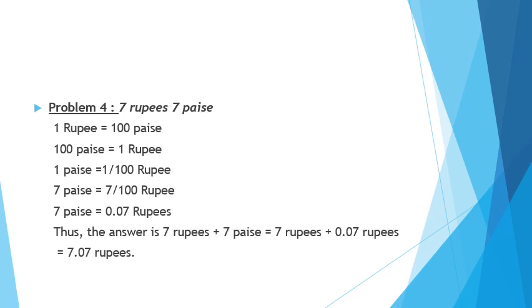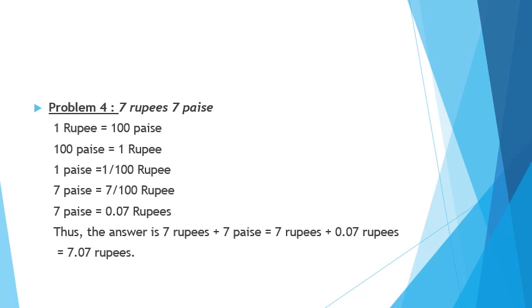Now, if we have to convert 7 rupees, 7 paisa into rupees, how will we do that? Again, starting from the same, 1 rupee is equal to 100 paisa, 1 paisa is equal to 1 upon 100 rupees. So 7 paisa will be 7 upon 100 rupee.